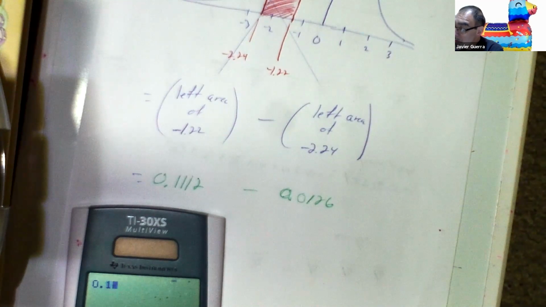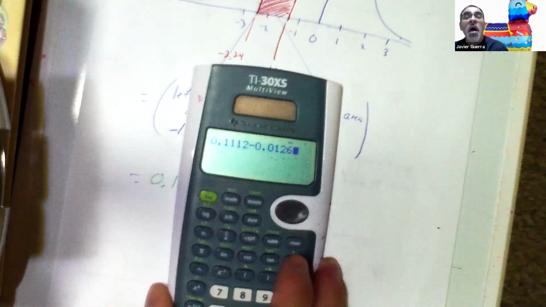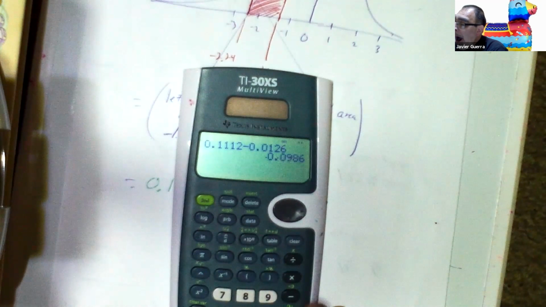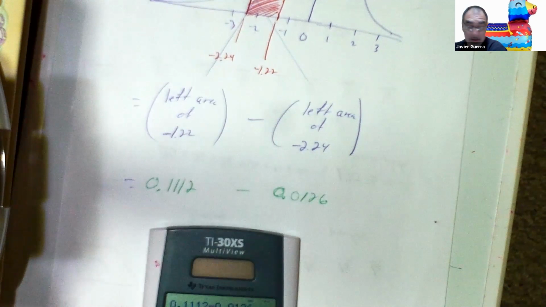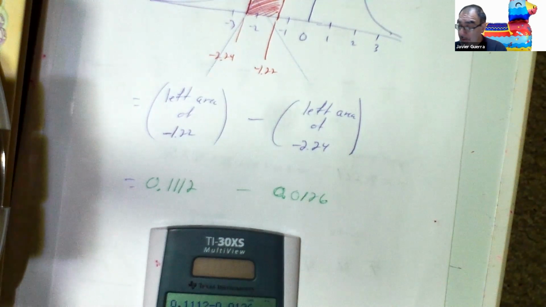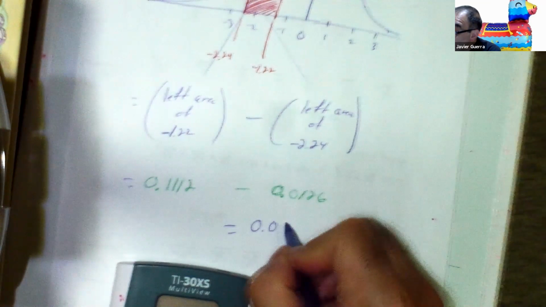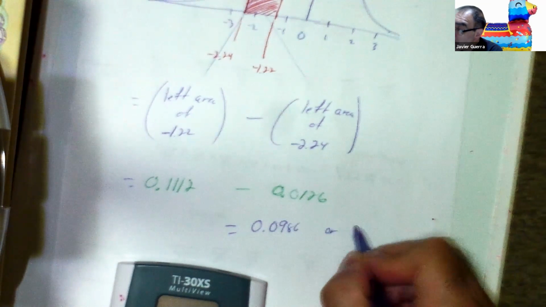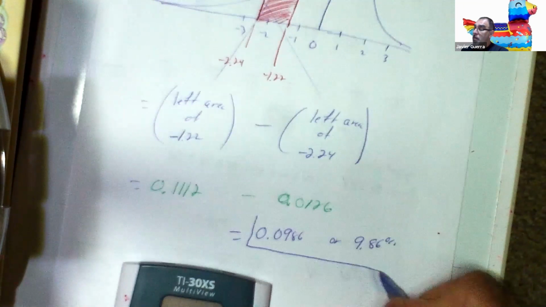0.1112 minus 0.0126. Let's see it. Oh, 0.0986 is my final answer, or 9.86%, if you want to do it that way.